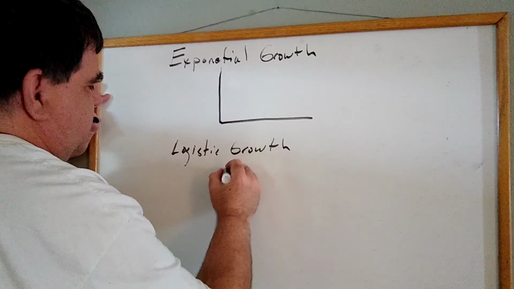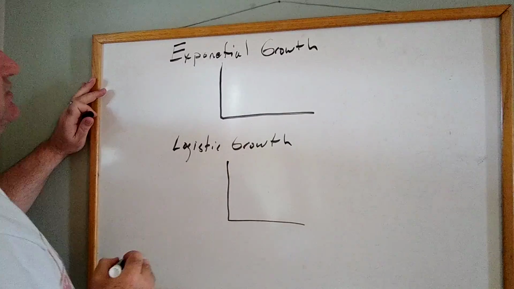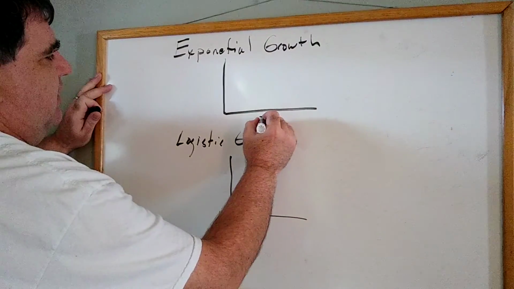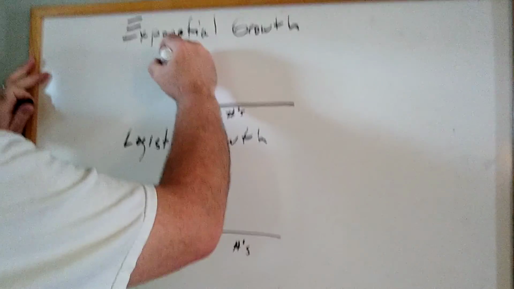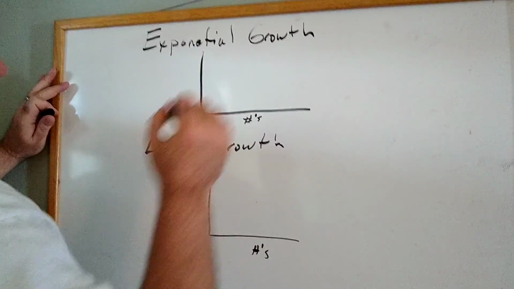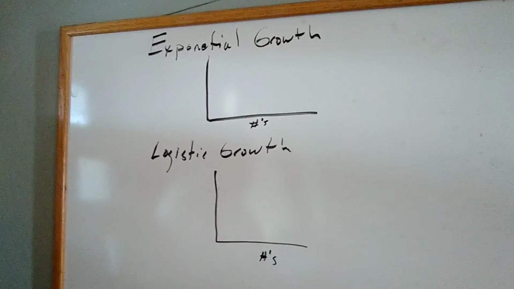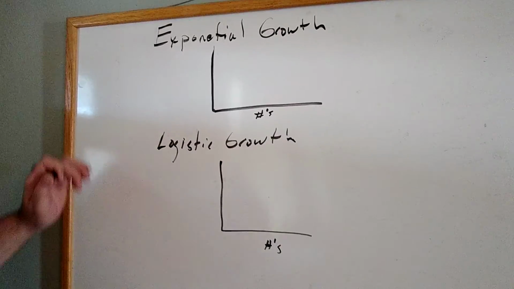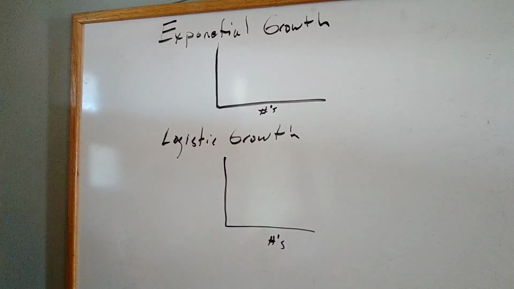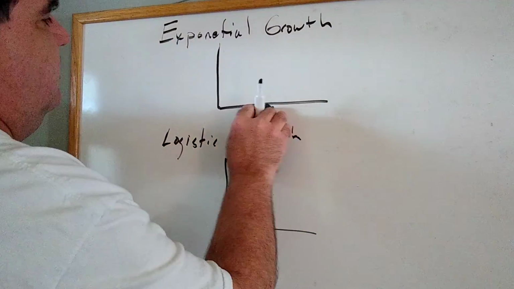Again, I told you in this class there's lots of graphs. Again, on the bottom on our x-axis are going to be numbers. On our y-axis is going to be, sorry, I got that backwards. I'm going to go too quick here.